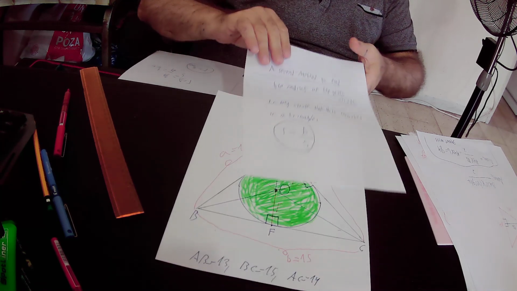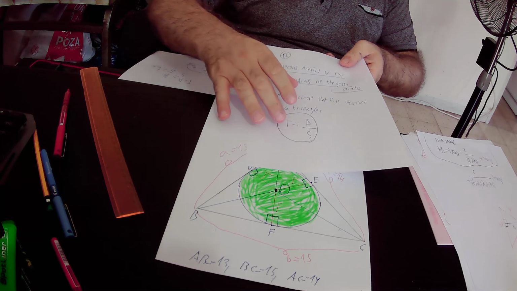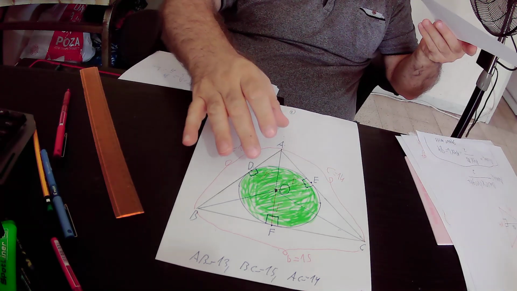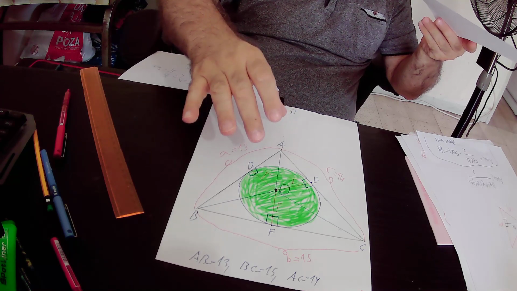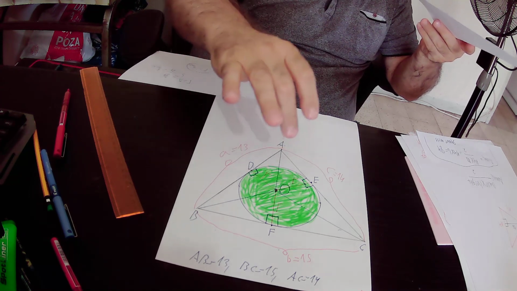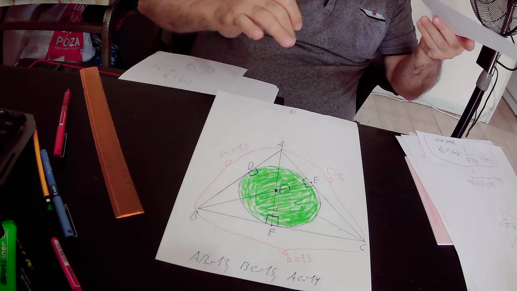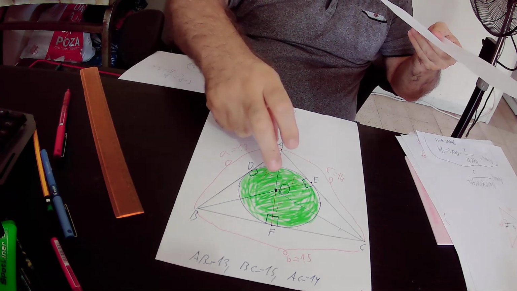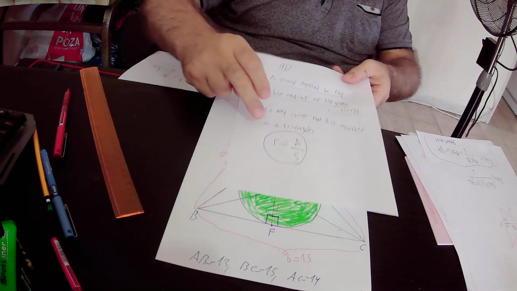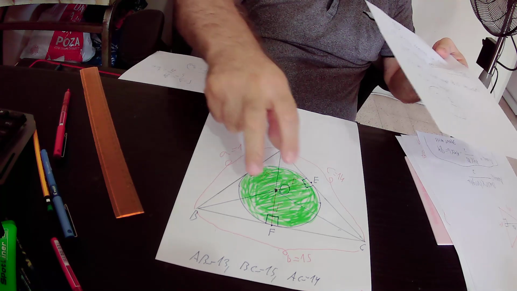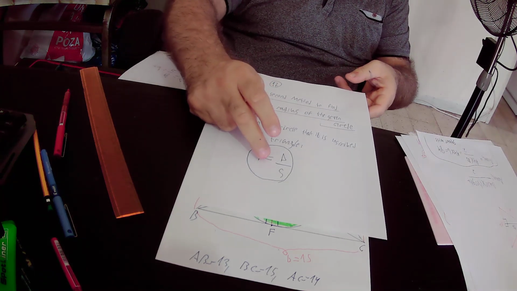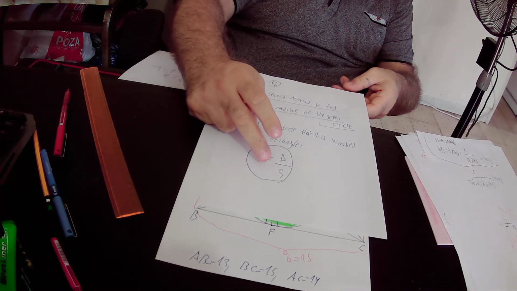And we can implement this formula in our drawing because we have a circle that is inscribed inside triangle ABC. So the radius of the circle will be equal to the area of triangle ABC over the semi-perimeter of triangle ABC.